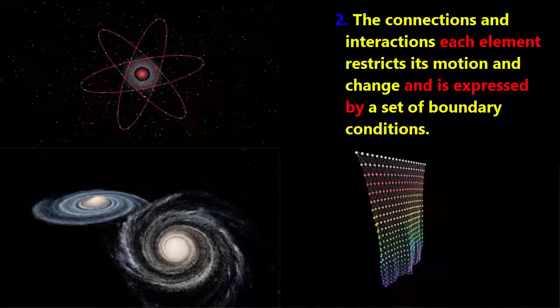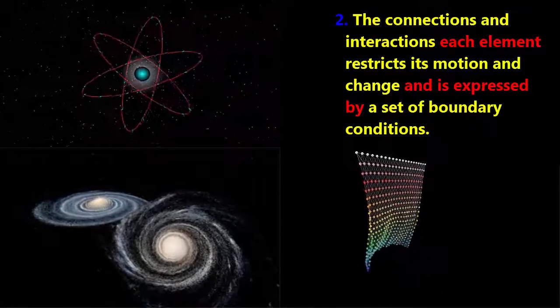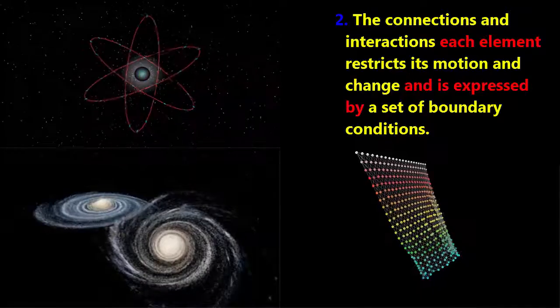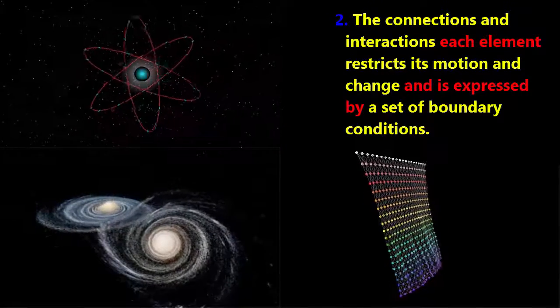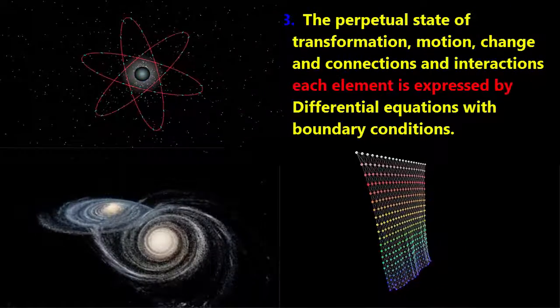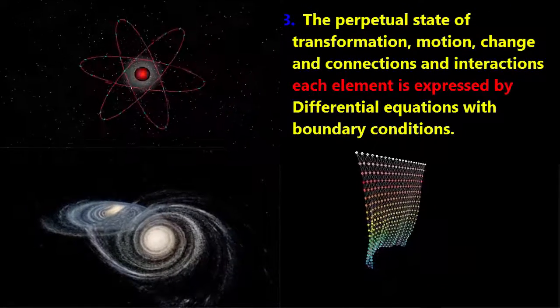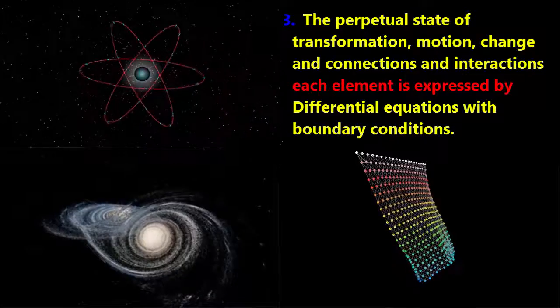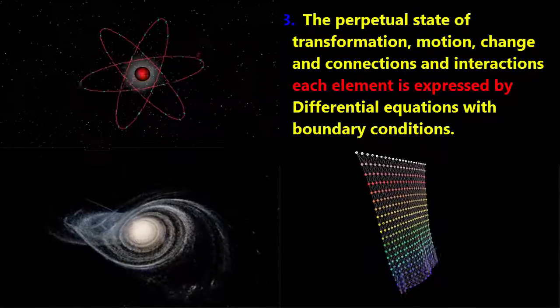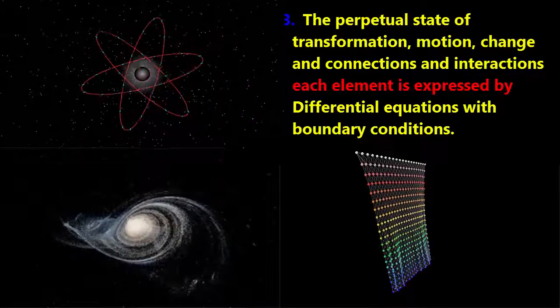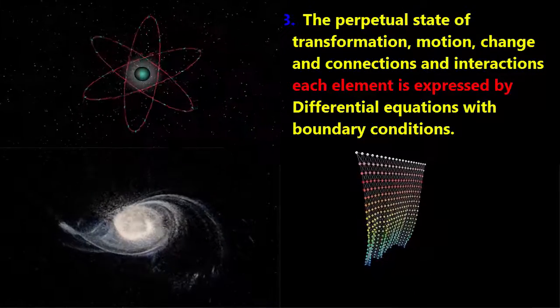The connections and interactions of each element restrict its motion and change, and are expressed by a set of boundary conditions. 3. The perpetual state of transformation, motion, change, and connections and interactions of each element are expressed by differential equations with boundary conditions.